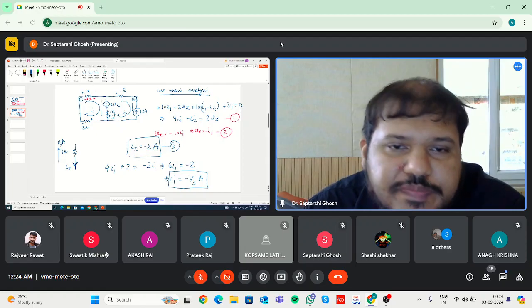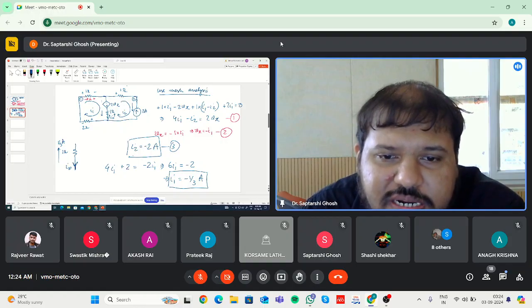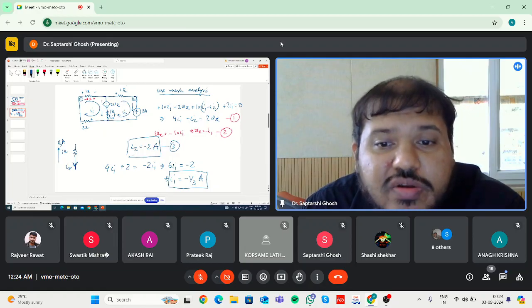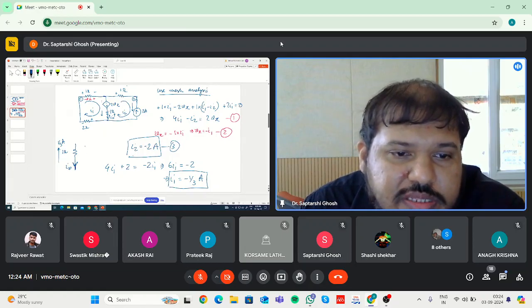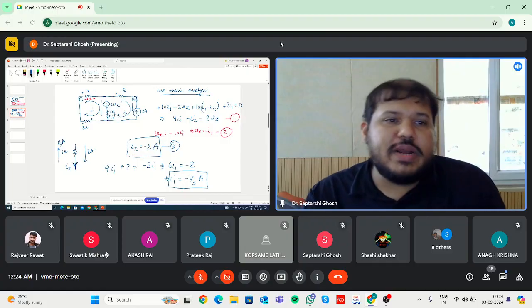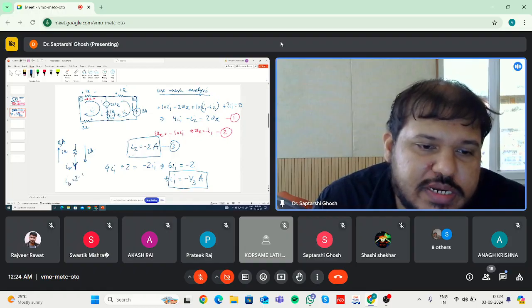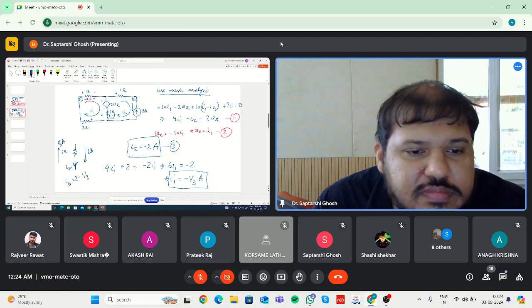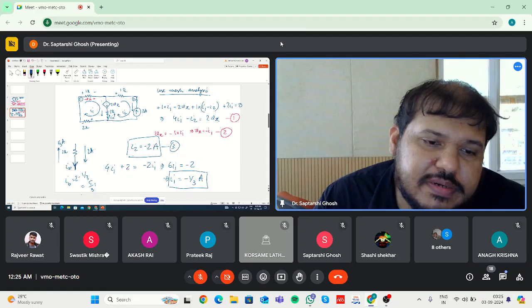I2 is also considered clockwise, but the minus sign shows it will be anti-clockwise, in this direction, and its value will be 2 ampere. So IB will be equal to 2 minus 1 by 3, so 5 by 3 ampere.